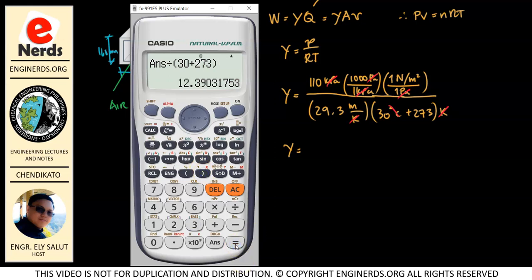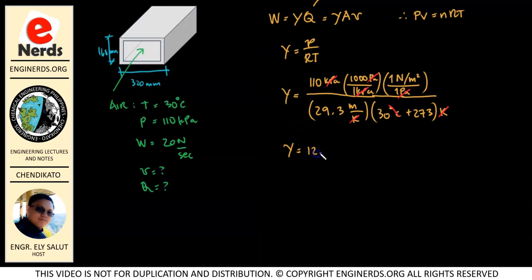So our specific weight will be 12.39 Newton per cubic meter. Okay, so we now have the value of the specific weight.